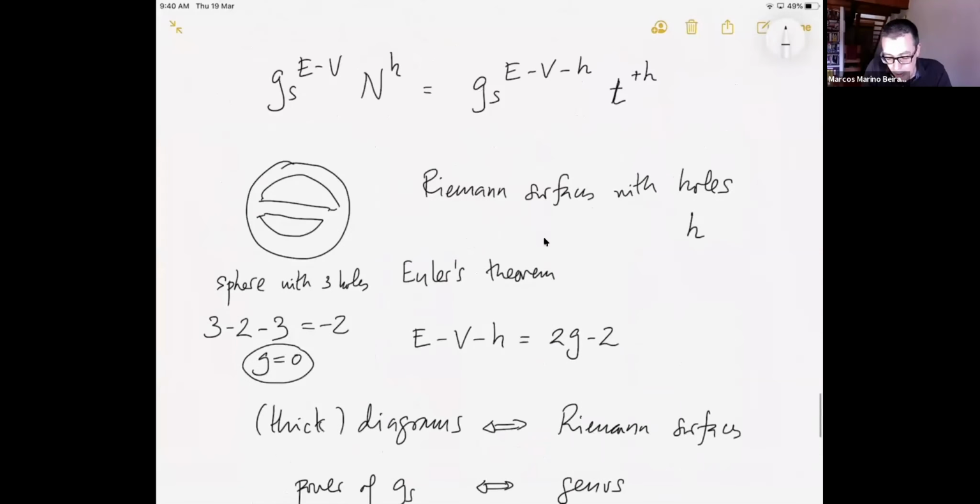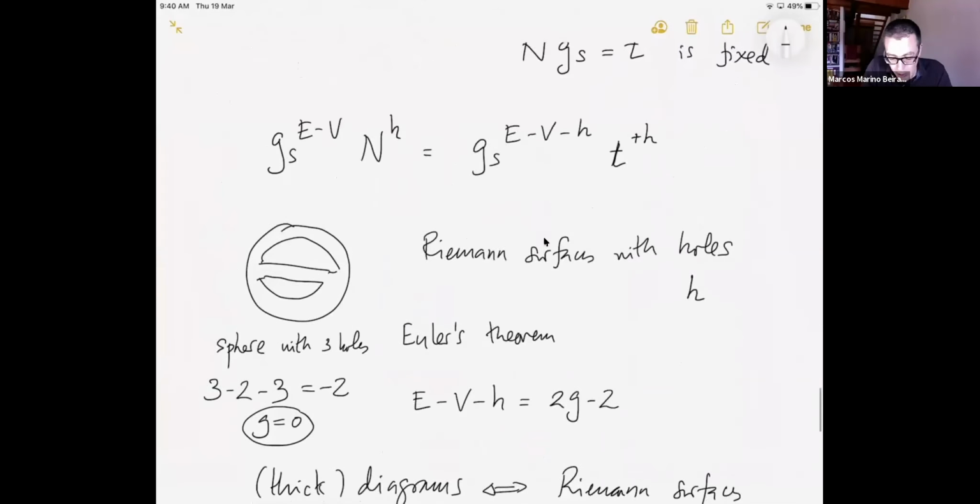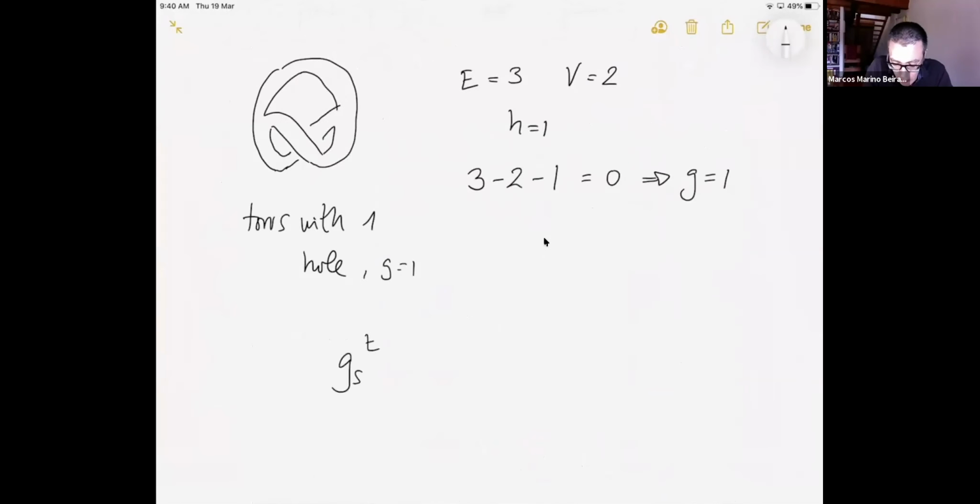Okay. So remember that we wrote this e minus v minus h. So this is gs to the 2g minus 2. But of course, remember that n times gs is equal to t, and t is fixed. So you can also write it as t to the 2g minus 2, and then n to the 2 minus 2g.